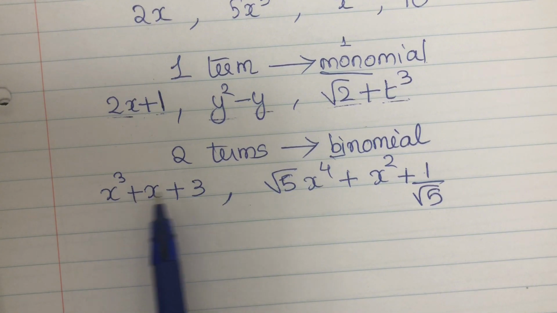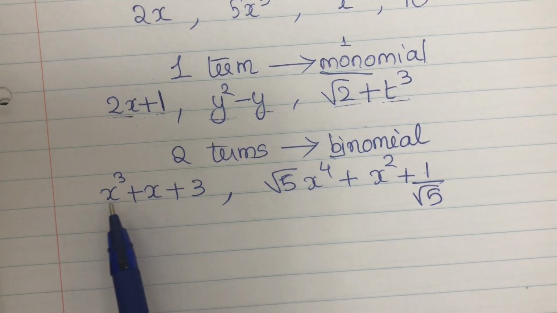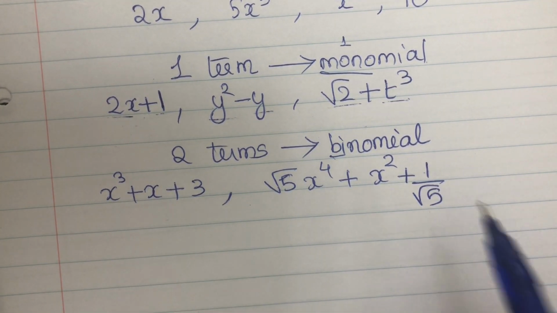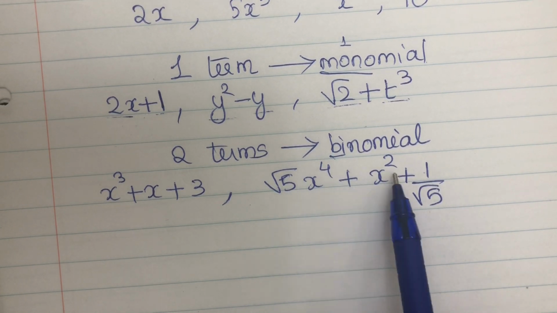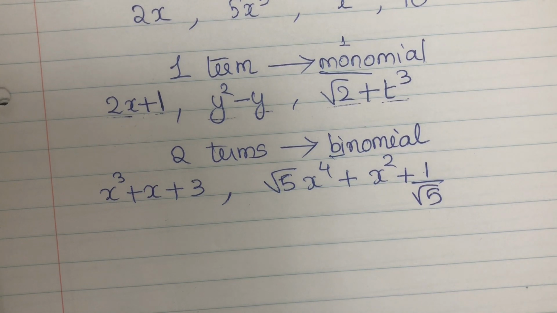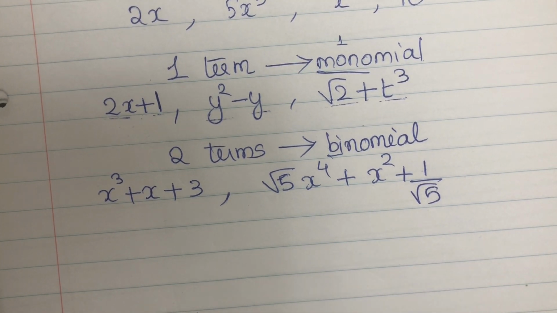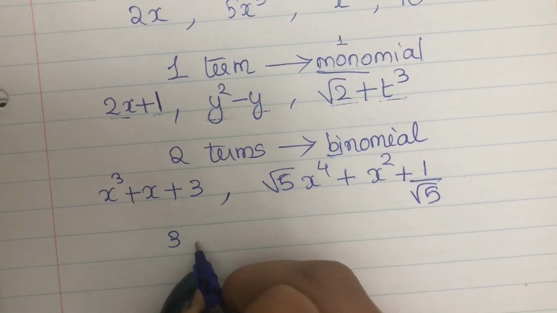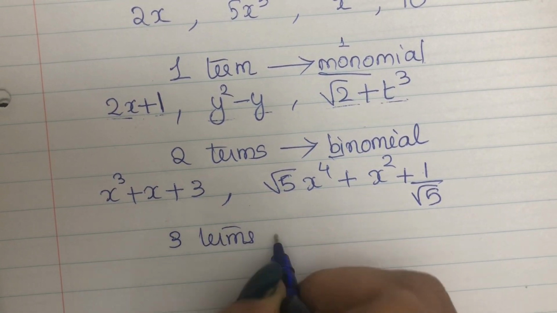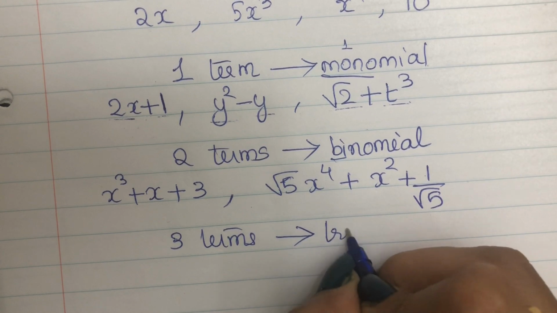The terms are separated by plus or minus sign. So 1, 2, 3. And in the second example also, 1, 2, 3. So here also we have 3 terms. A polynomial having 3 terms is known as trinomial.